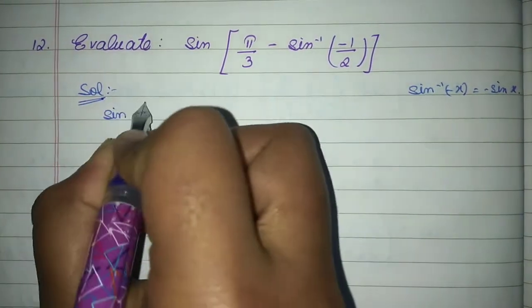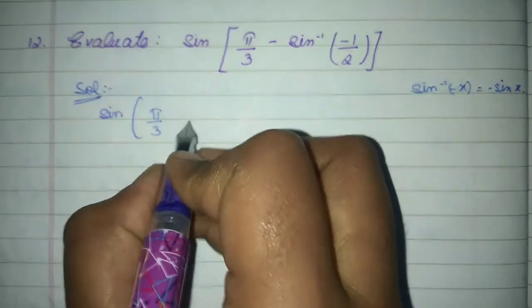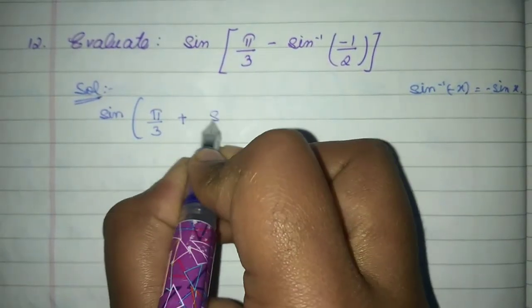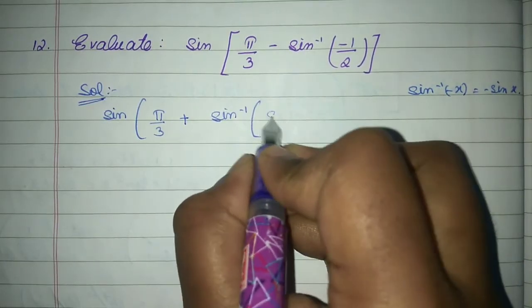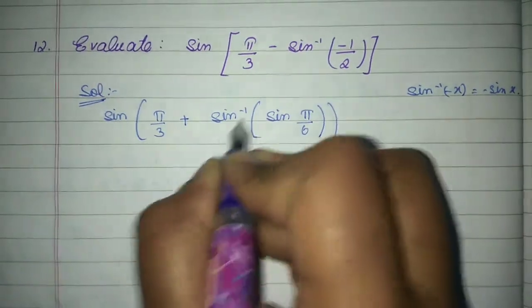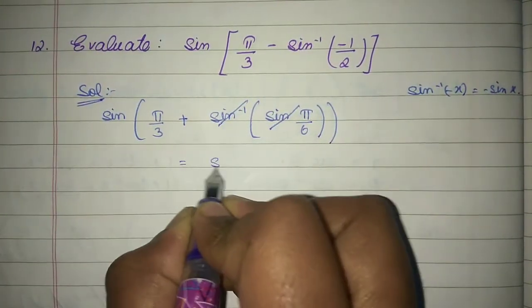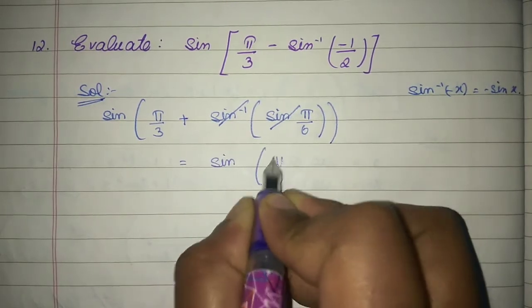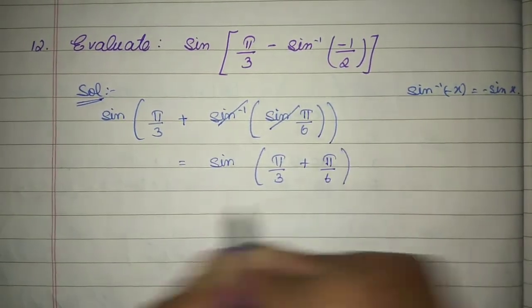So sine of pi by 3, minus will come out, so I will have plus sine inverse of 1 by 2. Sine is 1 by 2 at pi by 6 there. So sine and sine inverse will get cancelled. So this is equal to sine of pi by 3 plus pi by 6 here.